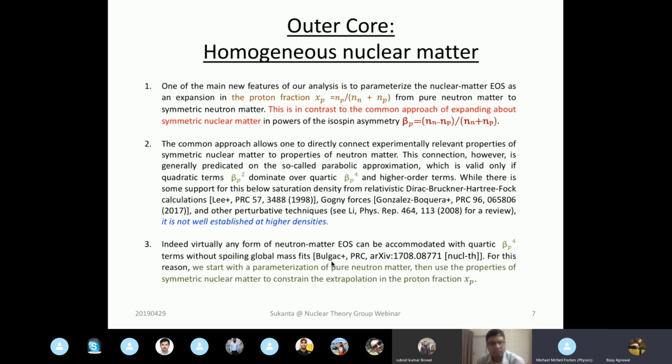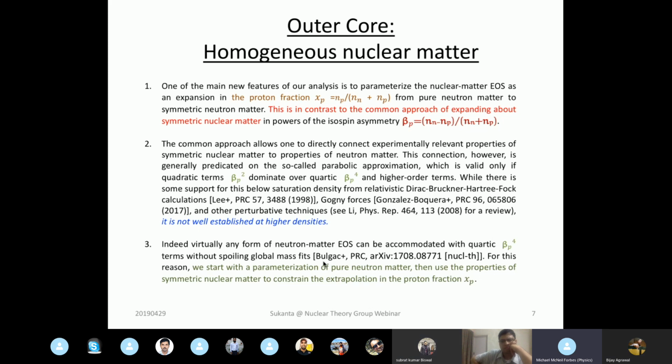I am not talking about the decomposition of the equation of state in terms of the symmetric or the asymmetric. What we do is we really take the Skyrme functional where we do not decompose. Right. So what we're saying in this paper, we have a functional here which is better than Skyrme functionals. Skyrme functionals have something like 20 or so parameters.